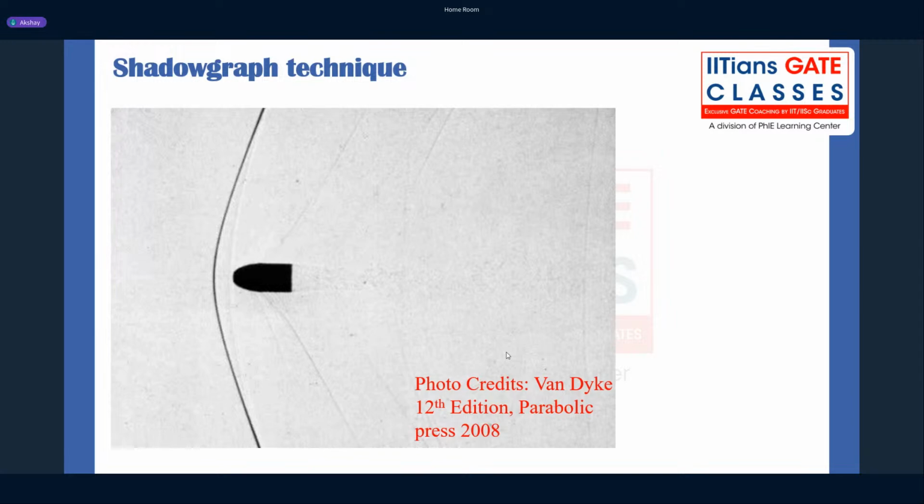Can you tell me, with respect to your reference frame, as you are seeing the image, whether it is left to right or right to left?